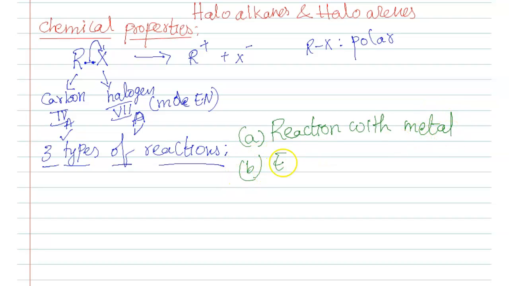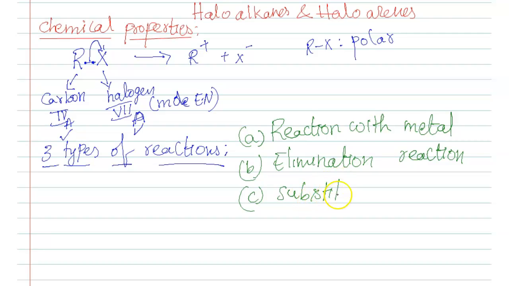B, elimination reaction. C, substitution reaction. So haloalkanes show three types of reactions: number one, reaction with metal; number two, elimination reaction; number three, substitution reaction.